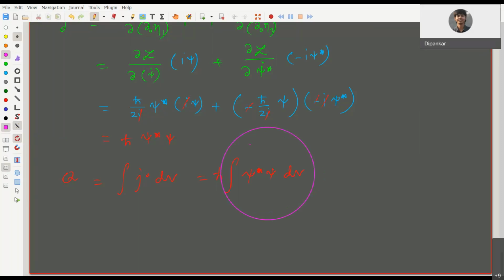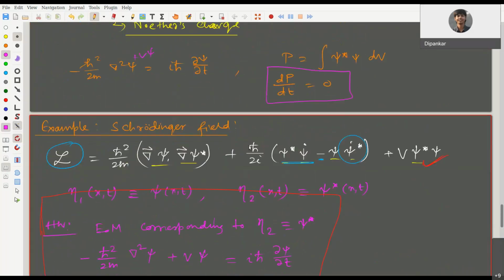In the case of your usual non-relativistic quantum mechanics, by the way, this Lagrangian is non-relativistic, you can say, because the time derivative and the space derivative have been treated differently. Anyway, I'm not getting into that. In your non-relativistic quantum mechanics course, you learned that total probability is conserved, that it does not change with time, but you didn't know the reason. It just comes out to be that way.